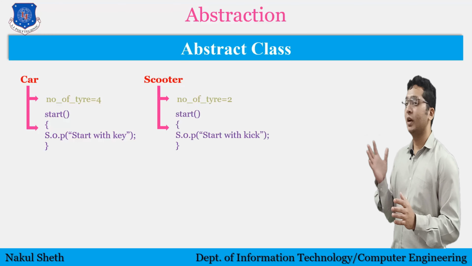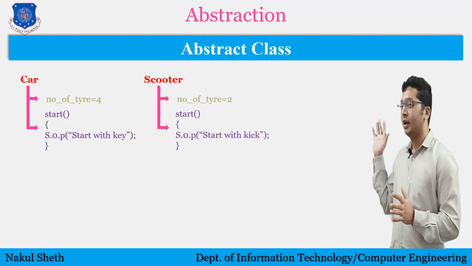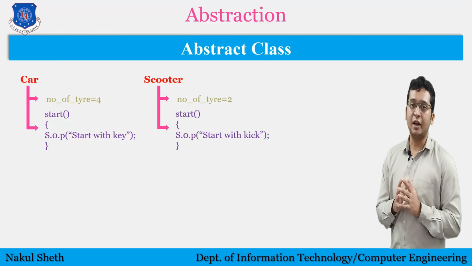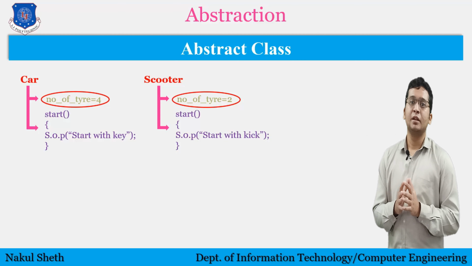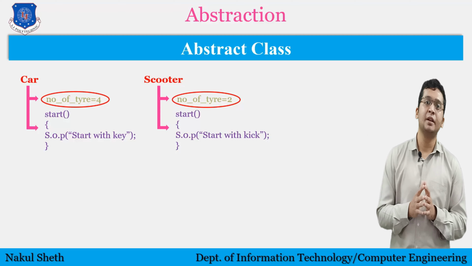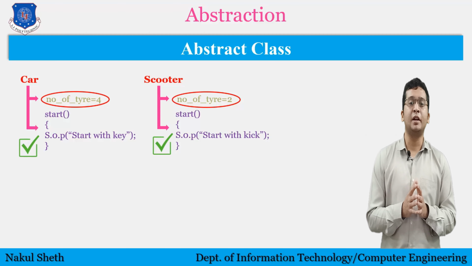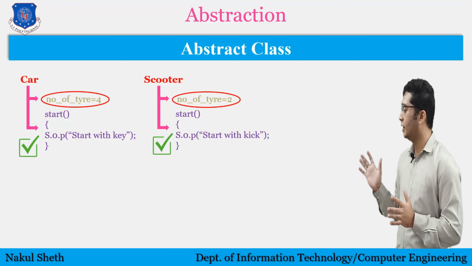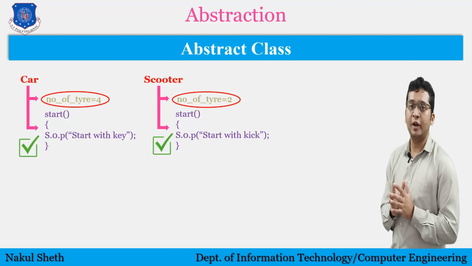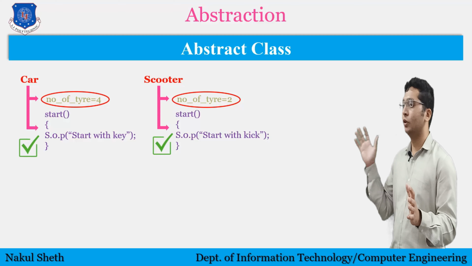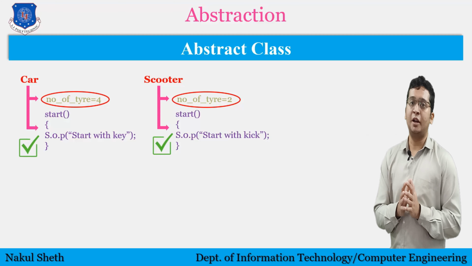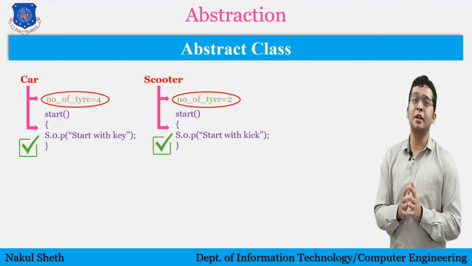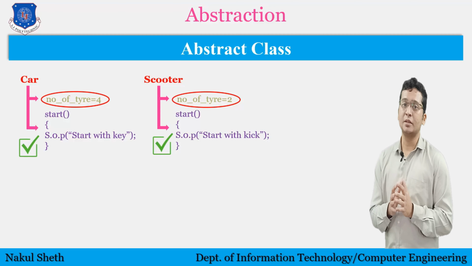So we have two classes, car and scooter, and we have the variable number of tires in both of these classes, and then we have the start method. So students, as you can see, I am taking the same type of variable and methods in both of these classes. Now, I am going to create a common parent which can be extended by these two classes.